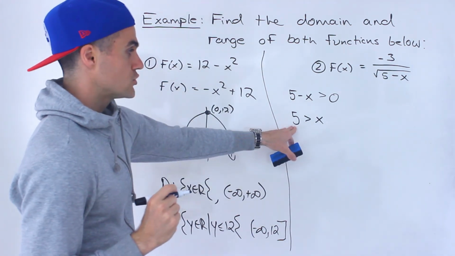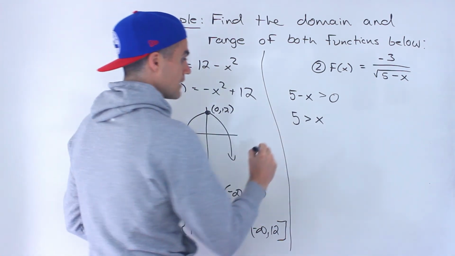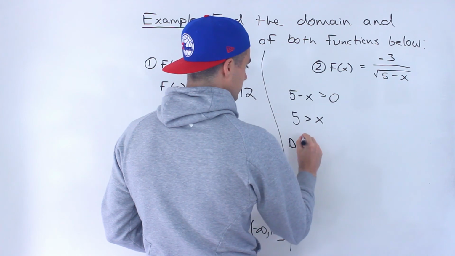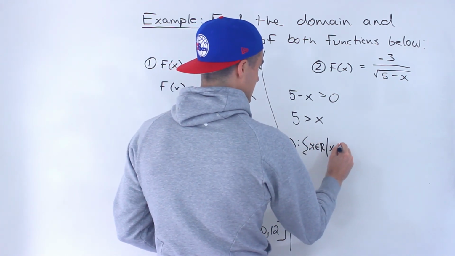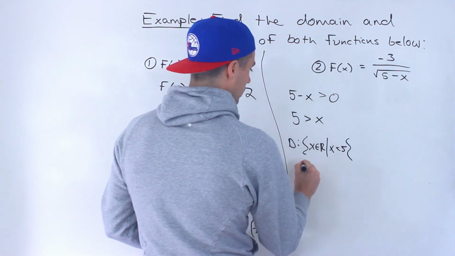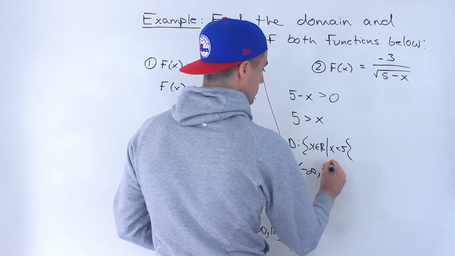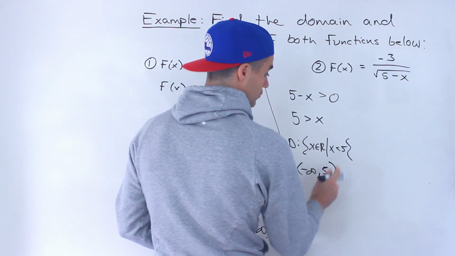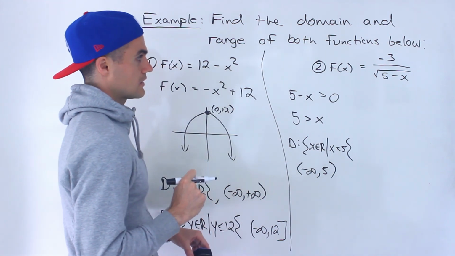That's the domain: x can be anything as long as x is less than 5, or in interval notation, from negative infinity to positive 5, not inclusive of the 5, so that would be a round bracket right there.